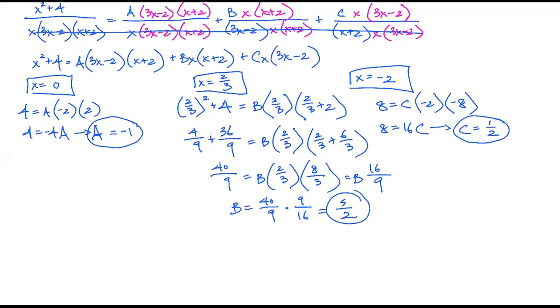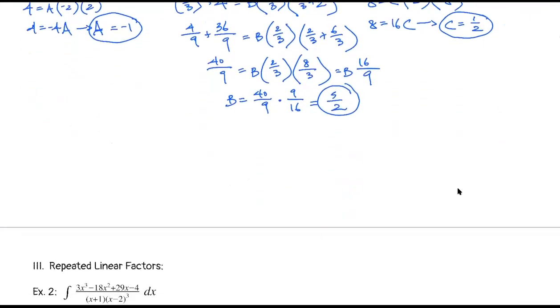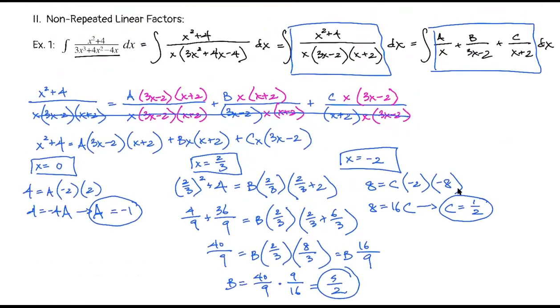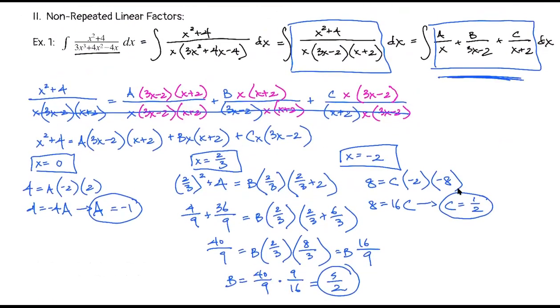Any questions about finding A, B, or C? Okay. So once we find our A, B, and C, we're going to plug them back in to this part right here, and then we're going to be able to integrate.